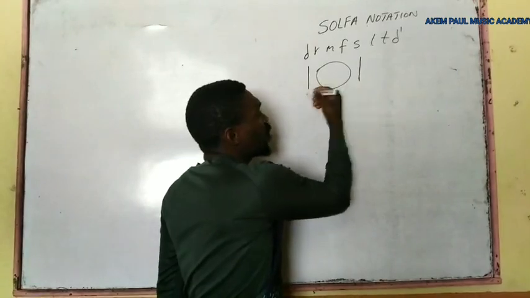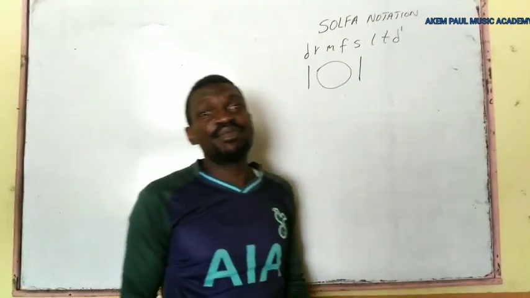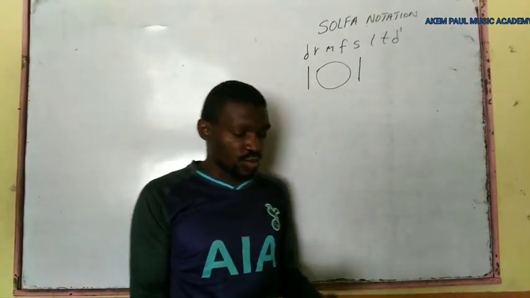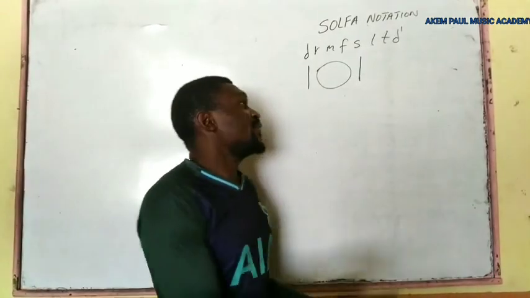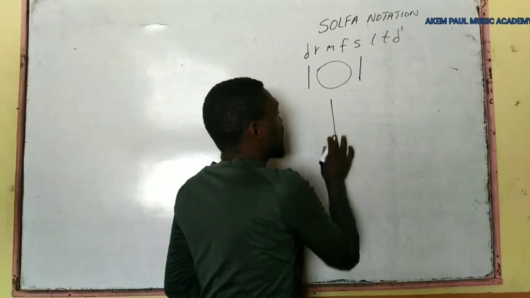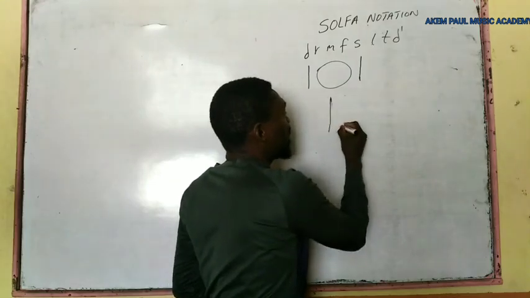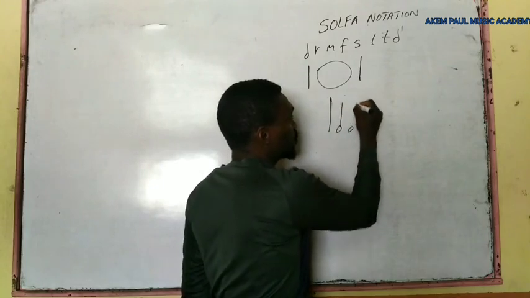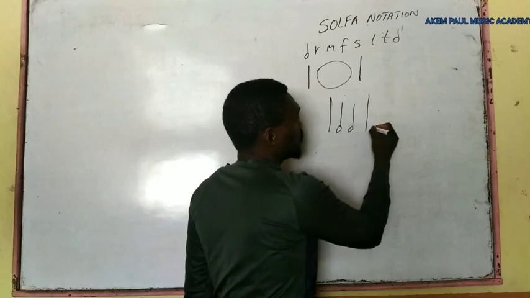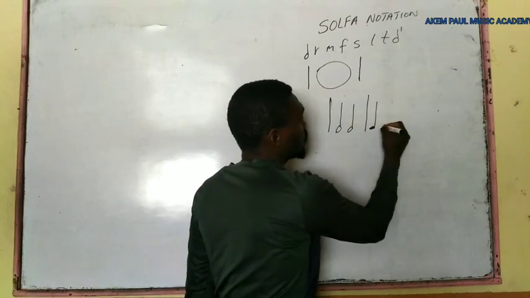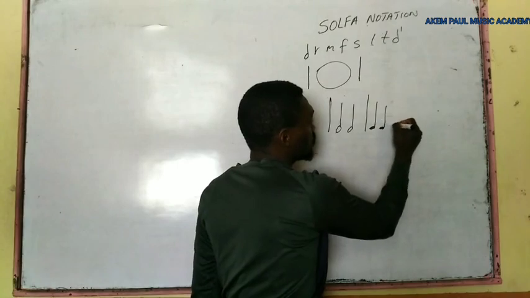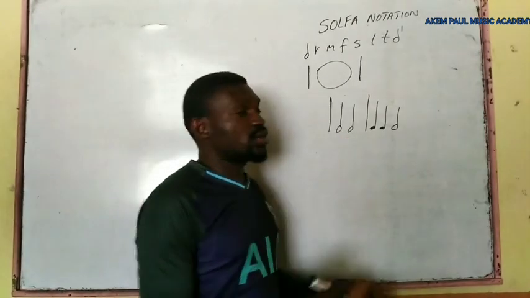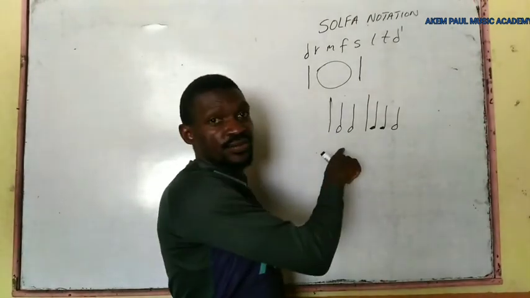The bar line, what is the work of the bar line? The bar line separates the piece of the music into equal measure. For example, if I have this bar and then I have notes here, now these are two minim notes, and each of these minim notes is 2 beats.